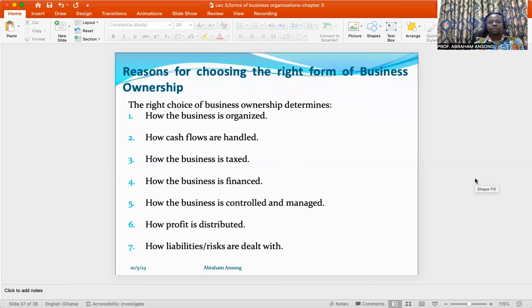Okay, and in companies, there are proper structures in place for dealing with cash flows. You can't just use the money anyhow. All right, so how cash flows are handled becomes very, very important. So proprietors, if you are hungry, you can just take out some money and go and buy food, and so on and so forth. That is not the case with companies.